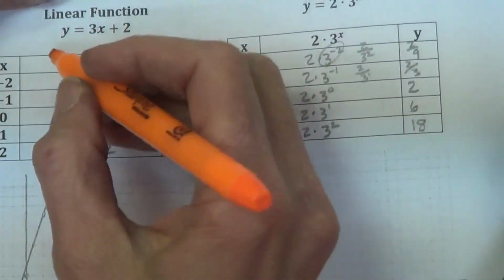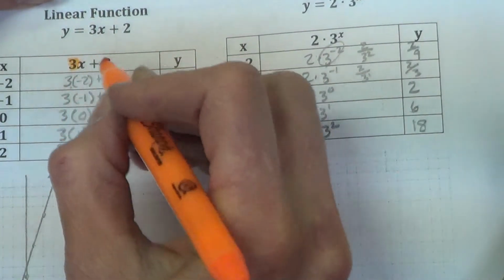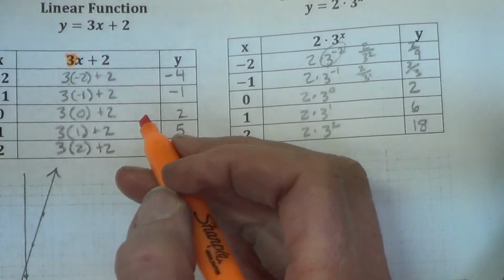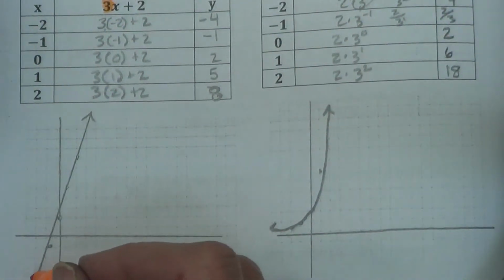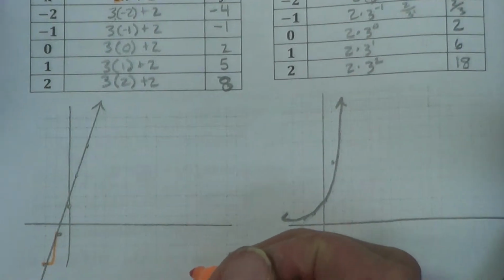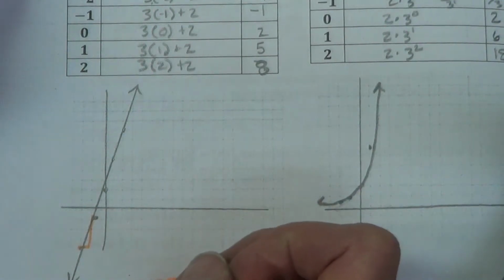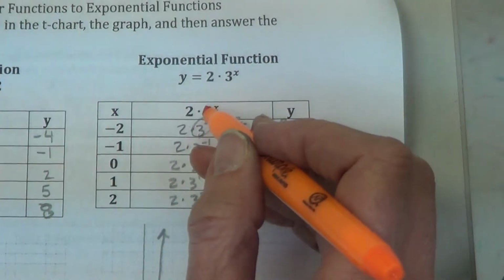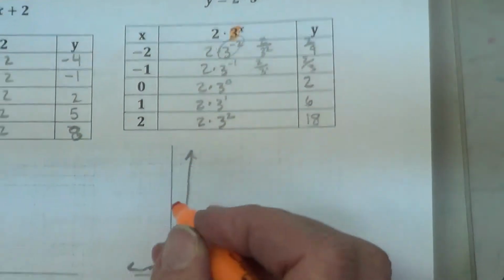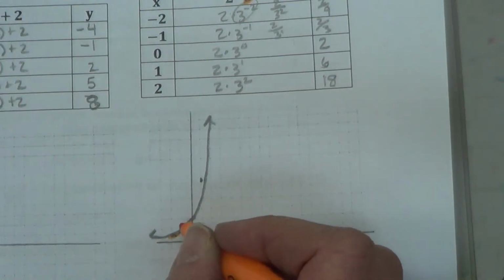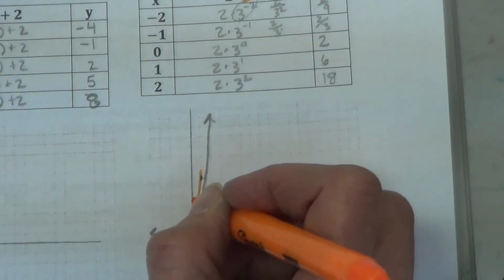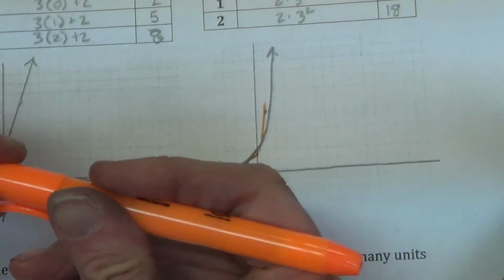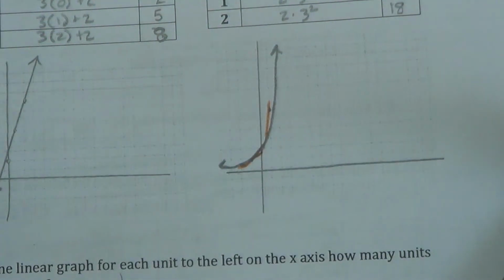The 3, it's right there, it's the slope in the linear function, and that's what causes the lift of 3 over 1 down here in the graph. In exponential, the growth right there, that 3, is what causes this to increase by a factor of 3. Okay? So that's why it keeps getting larger, is as you go to the right, the numbers get larger and you're multiplying by 3.